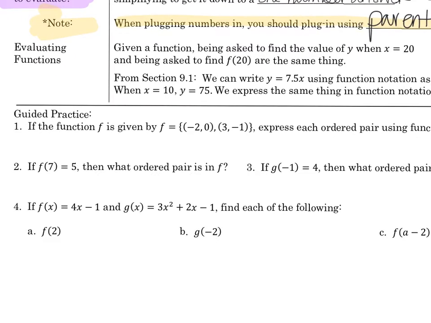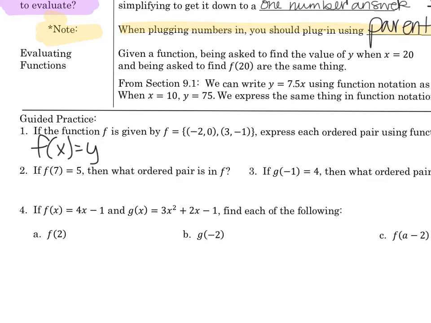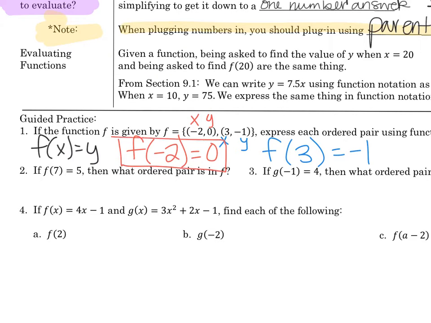For this first point, this is x, this is y, so f of -2 equals 0. For the second one, this is x, this is y, f of 3 equals -1. And yes, those are our answers. Those are our two answers, and we're done with that entire problem.